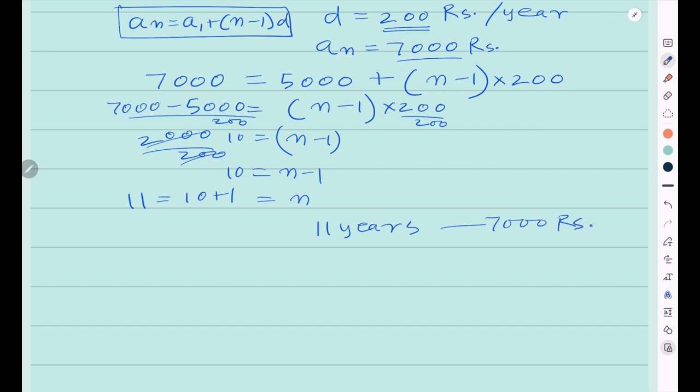Okay. So I will not take up any other questions because questions are very similar in this chapter. Let us start another topic which basically talks about the sum of all the terms of the AP.